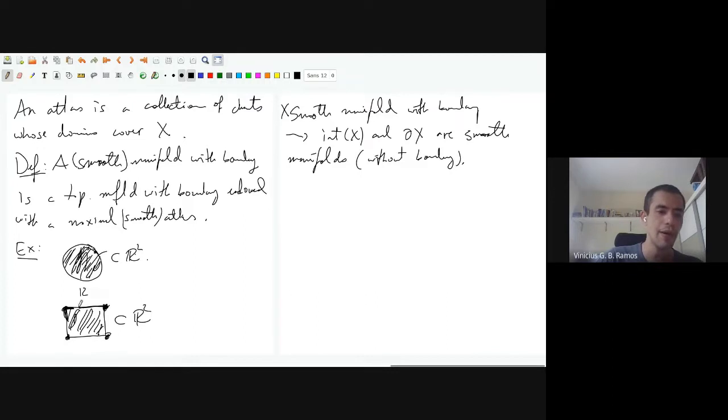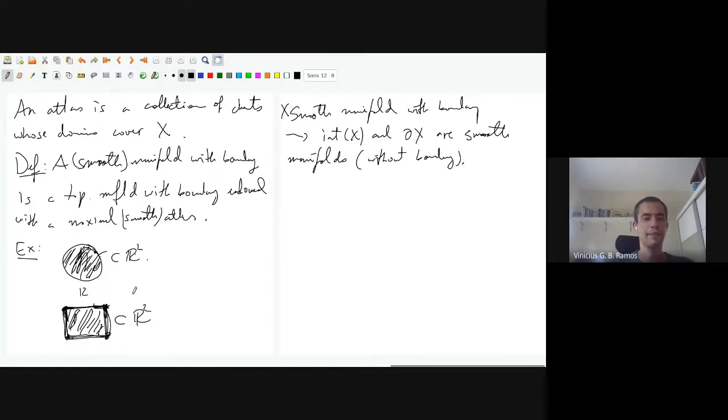So if you look at the square here, which is on the boundary of this guy, and you try to put the smooth structure that's just the inclusion, this square is not going to be a smooth manifold with this inclusion. Okay, because this corner is not diffeomorphic to an open set on the line.